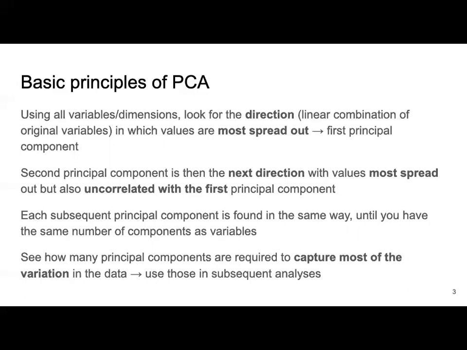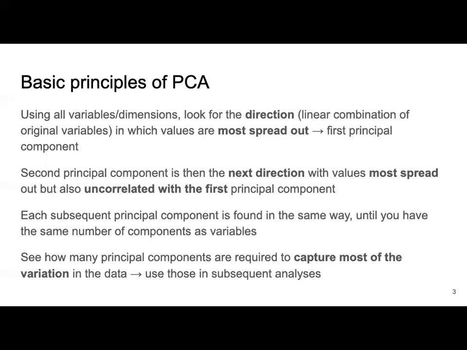Then to get your next principal component, you look for the next direction with values most spread out, but they are also uncorrelated with the first principal component, and that's the second one. And then you end up with the same number of principal components as your number of variables. So you keep finding the next direction that's most spread out until you have the same number of principal components as variables.